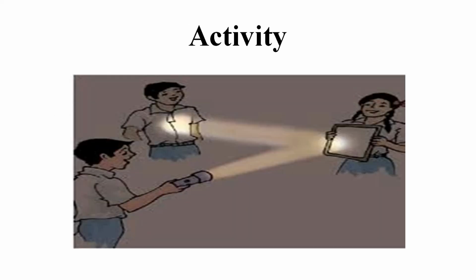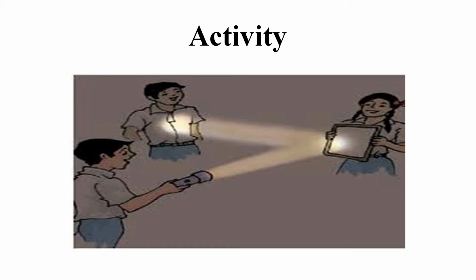Students, let us do an activity and prove that when light falls on a mirror, then light is reflected by the mirror. Students, we conduct this activity in a dark room.